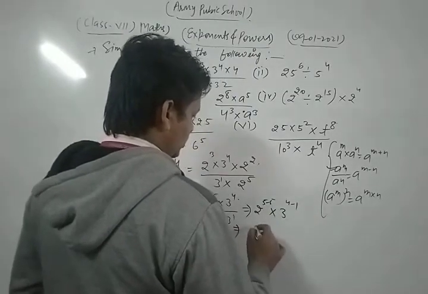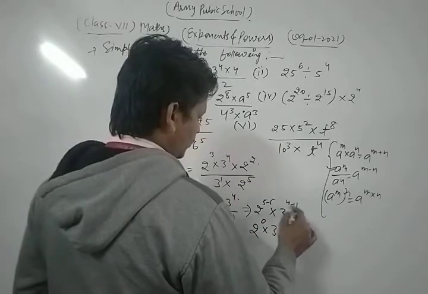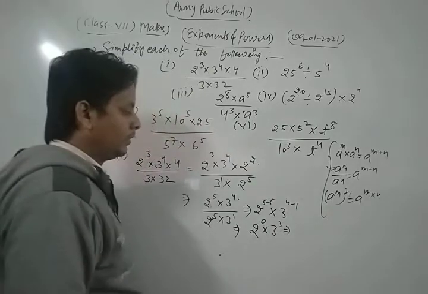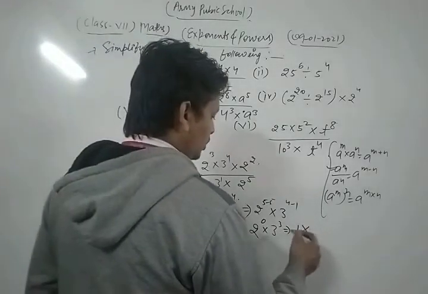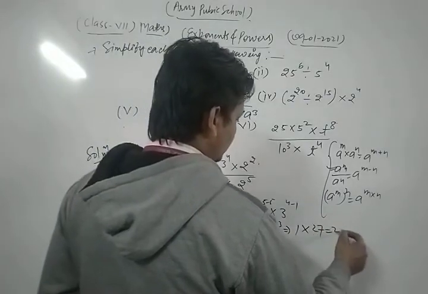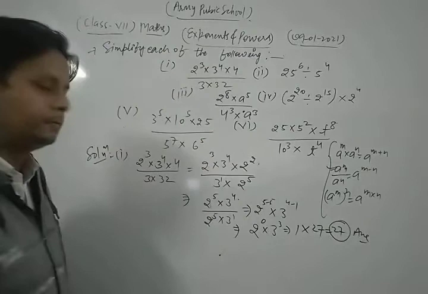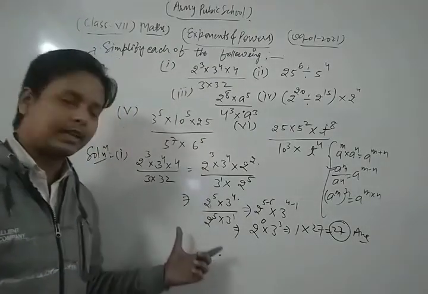So we get 2 power 0 into 3 power 4 minus 1, that is 3 power 3. The value of any number to the power 0 is 1. So 2 power 0 is 1, into 27. So 27 is the required solution of the given question. This is the method to solve this type of question.